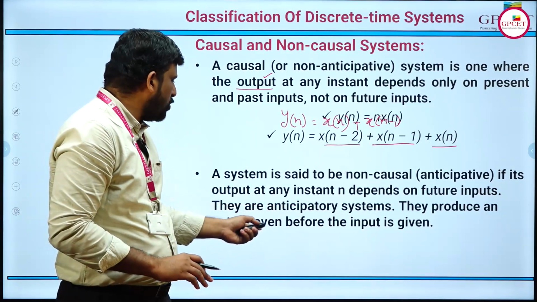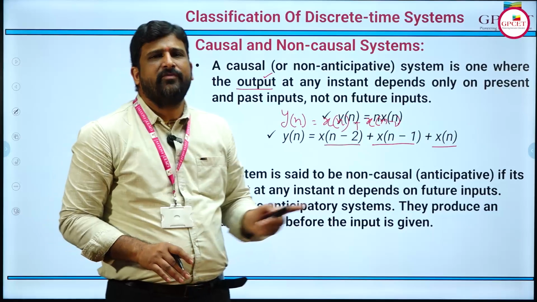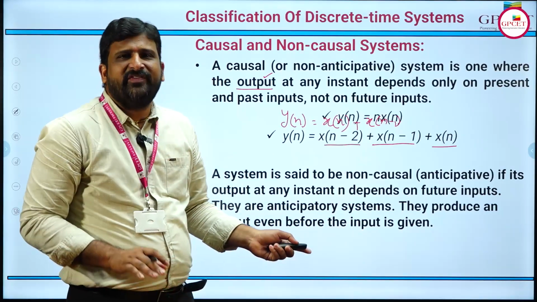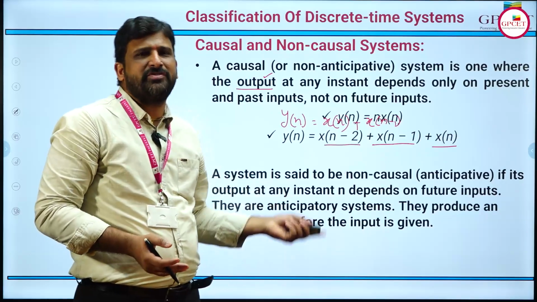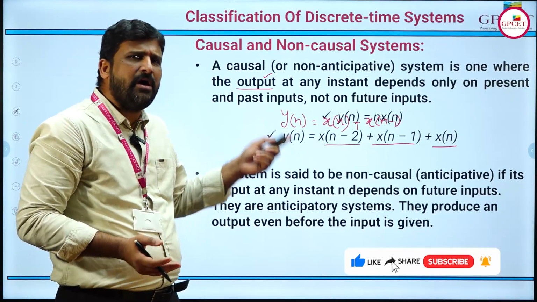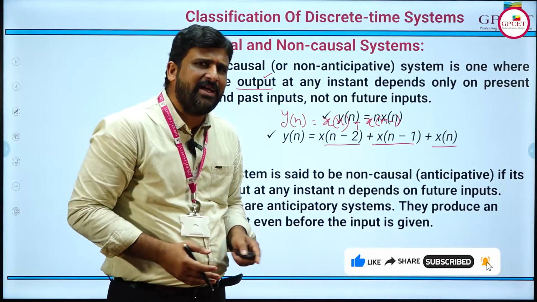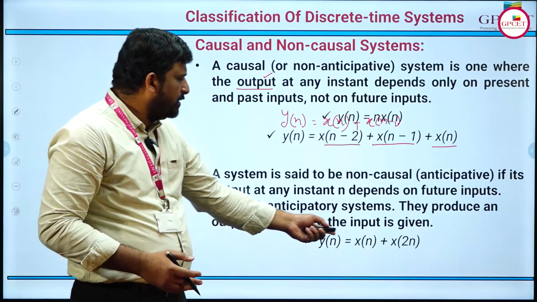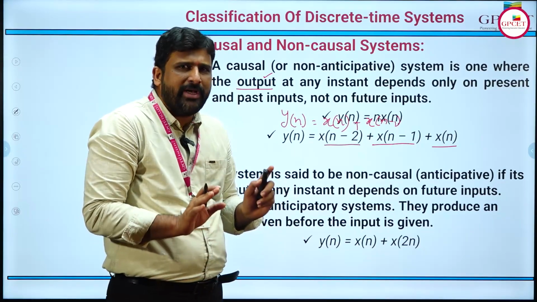They produce an output even before the input is given. One more thing in this non-causal system is that it will produce the output even if you are not giving the input, due to some external effects. You can see the example: y of n is equal to x of n plus x of 2n.